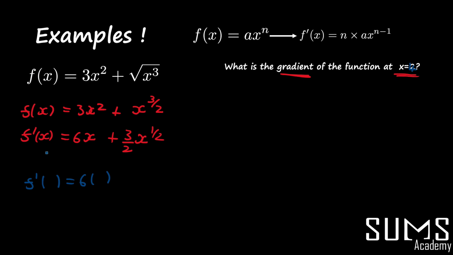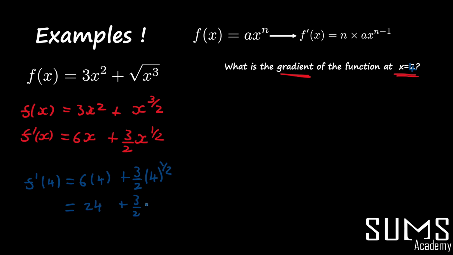Okay, 4. So f dash of 4 equals 6 times 4 plus 3 over 2, 4 to the 1 over 2. So we know 6 times 4, 6 4s are 24, plus 3 over 2, and 4 to the half is the same as the square root.